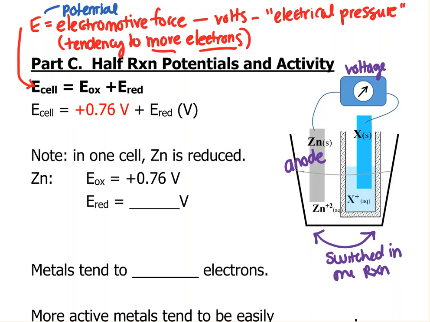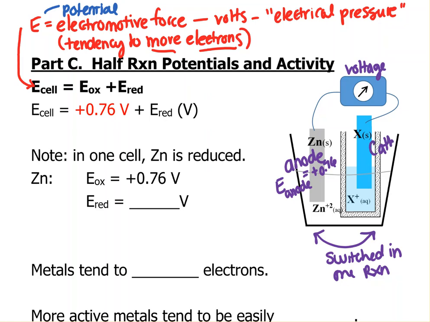And we know that zinc, as an anode, its potential is positive 0.76. So when we read the voltage of the whole thing overall, we will be able to determine the voltage of this half cell, whatever metal we have happening here.